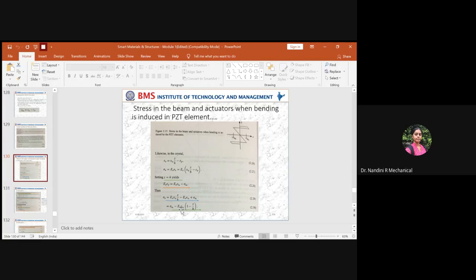Until now, even in the axial rod motion, we derived the equation for stress distribution separately and strain distribution separately. But when bending comes into picture, we have to correlate to get the equation which has both the stress and the strain factor together. So this is how you have to reduce.